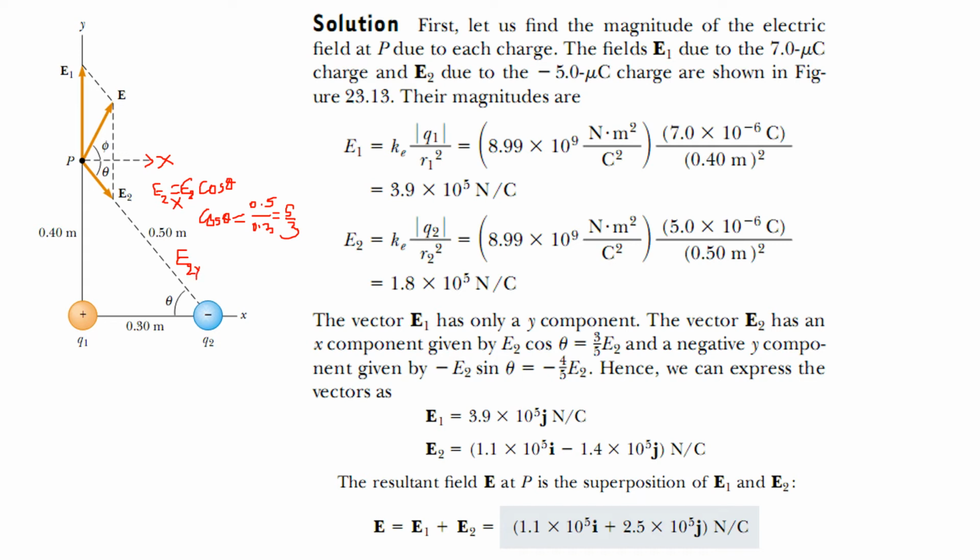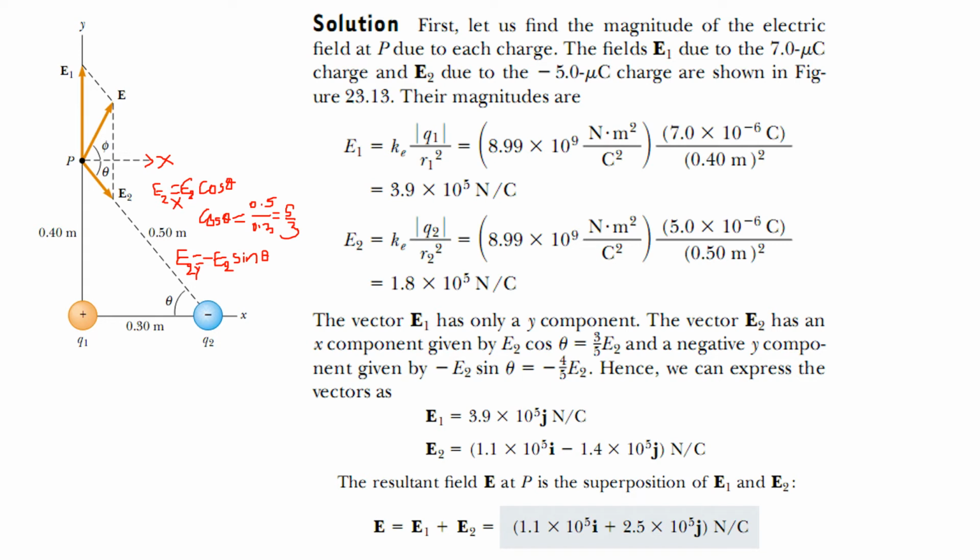E2y is equal to minus the magnitude of E2 times the sine of this angle theta. Why sine? Because when projecting this vector E2 along the y-axis, we project it in the direction opposite to the given angle.